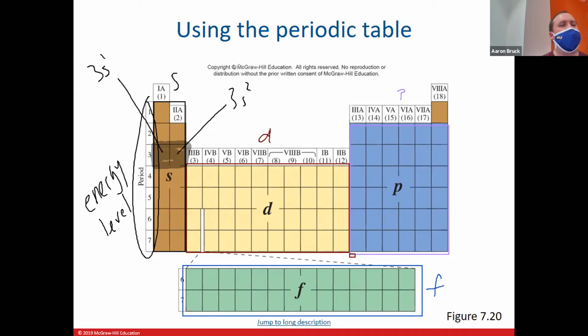And so if I look at the electron configurations of sodium and its next door neighbor magnesium, what I will find is that sodium's electron configuration, 1s2, 2s2, 2p6, 3s1, is going to end with that battleship designation, 3s1.